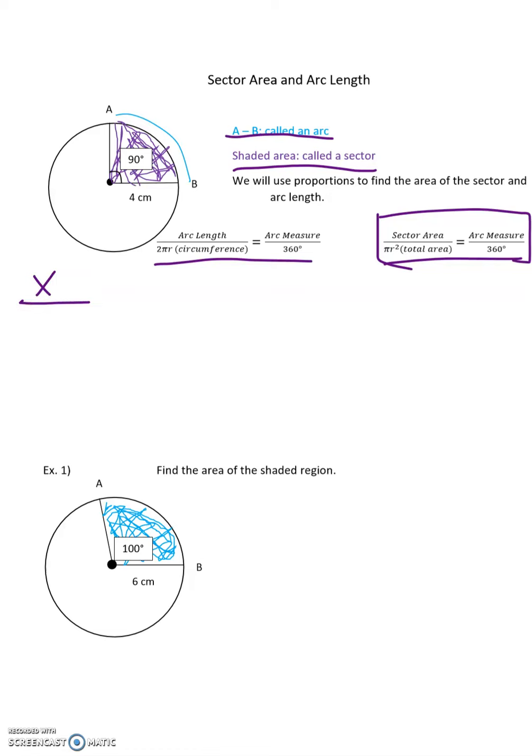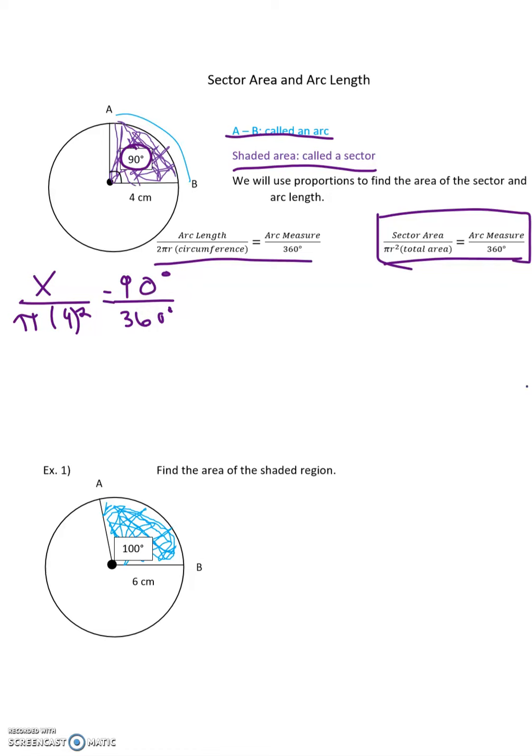You can use whatever variable you want, I just prefer x. And then we're putting that over the total area, so pi r squared. So that's going to be pi times 4 squared. And then we're setting that equal to the arc measure, which is our 90 degrees, over 360 degrees, because that is the total measure of the circle.